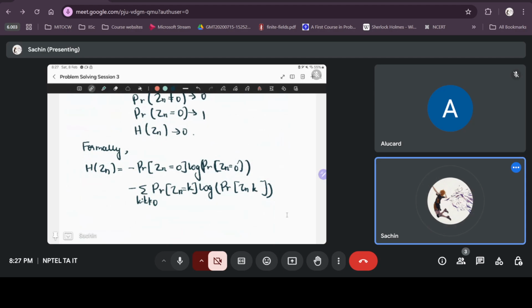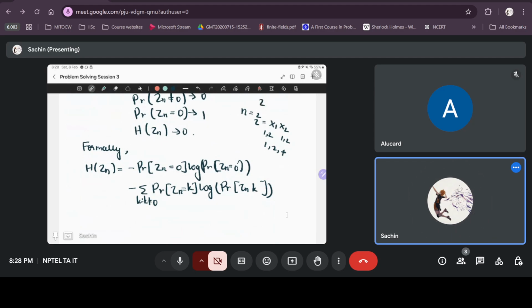So if n equals 2, let's say, then Z equals x1, x2. So x1 can take the value 1 or 2, and x2 can take the value 1 or 2. So x1 x2 can take the value 1, 2, or 4. There are three non-zero values that Z can take.